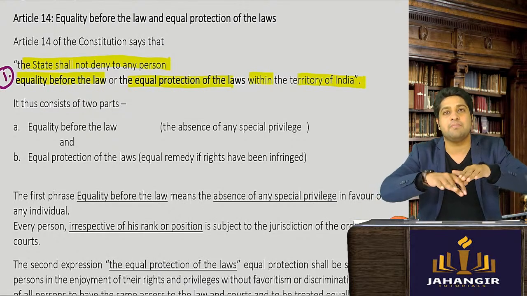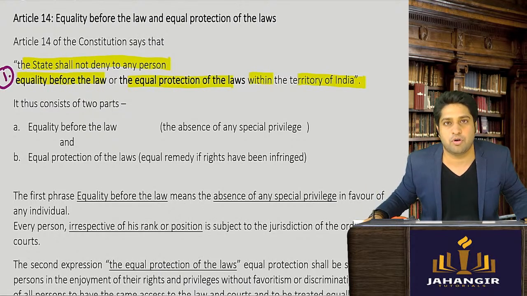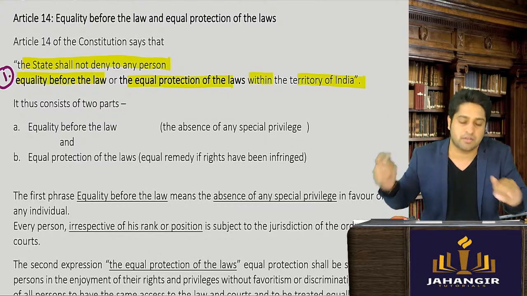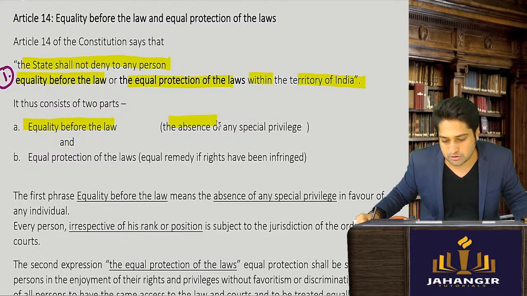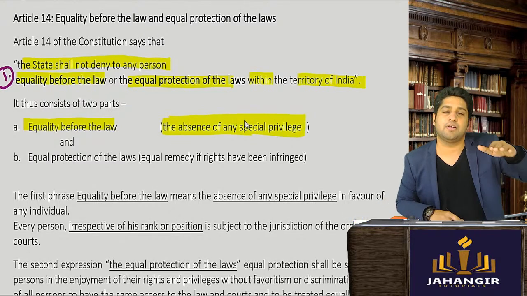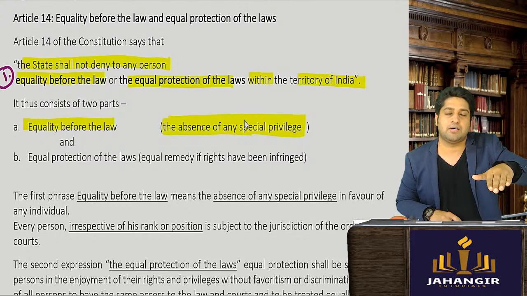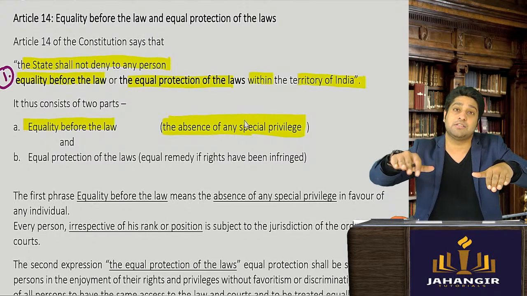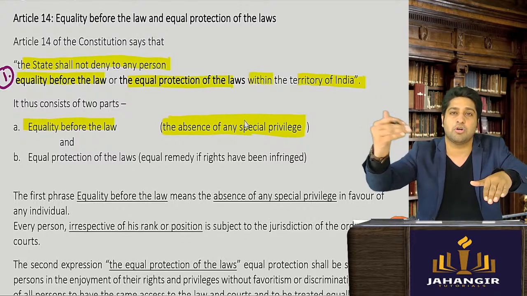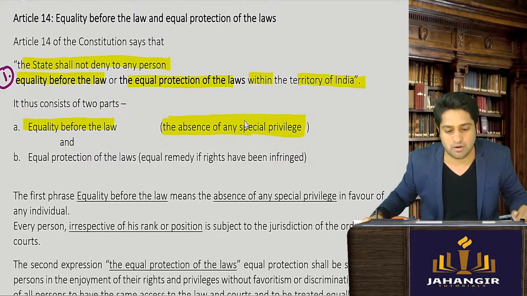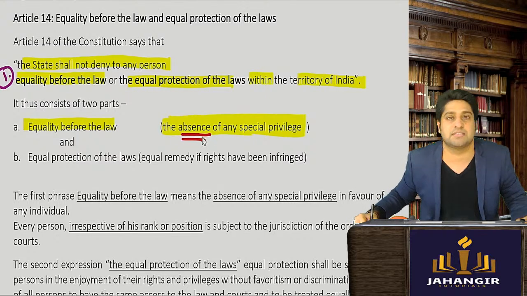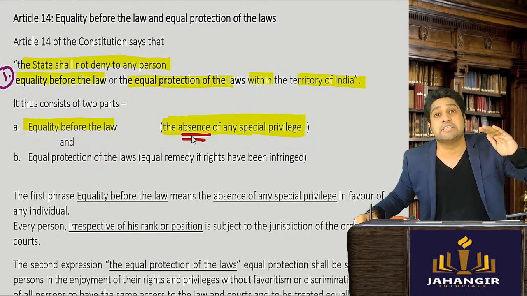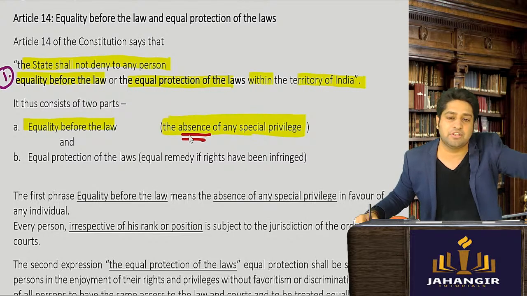That everybody is equal in front of law. Nobody is superior. Equality before law means the absence of any special privilege. If you commit a crime and someone else has immunity or a privilege, that will not be allowed.